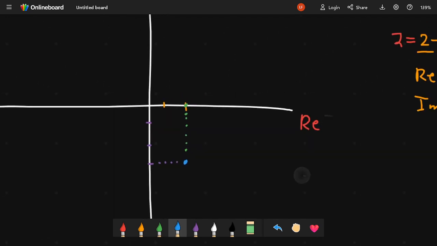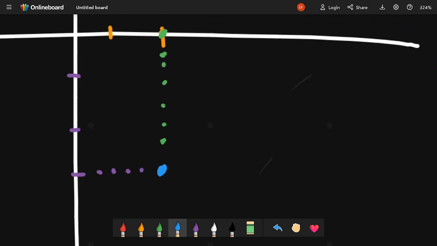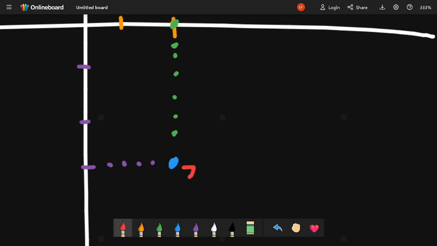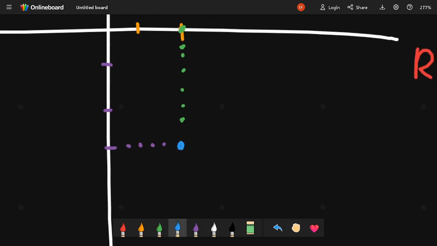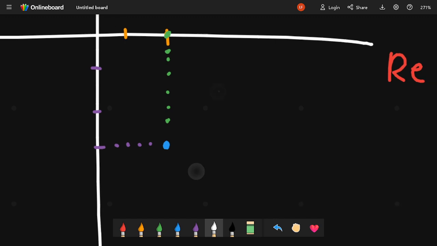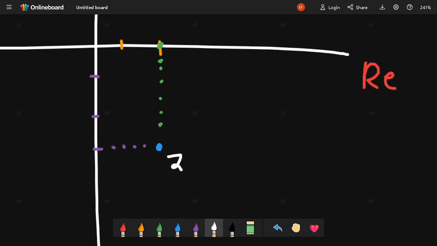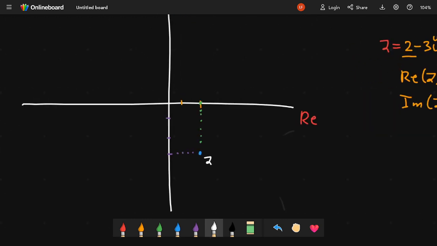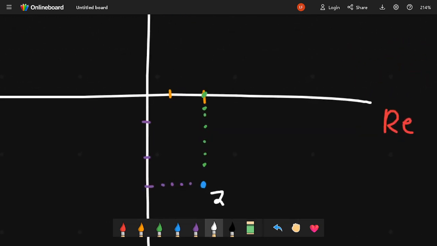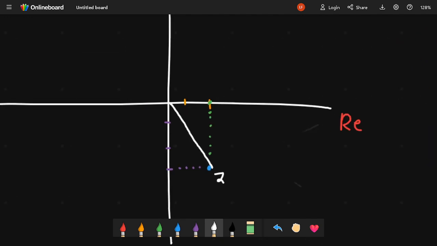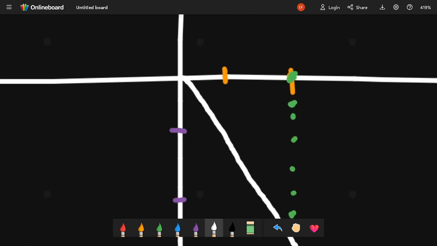This is your complex number, which is z. And as you can see, if we draw a line from the origin to this point right here, this distance that's covered is actually the modulus or absolute value of z.